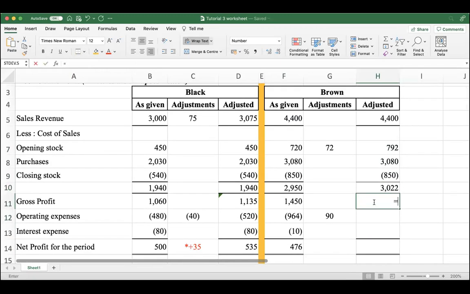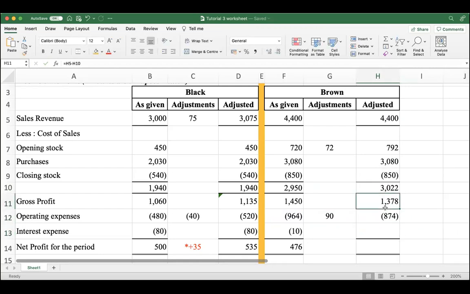Then gross profit, sales minus cost of sales. Expenses decreases by 90. Then 872.